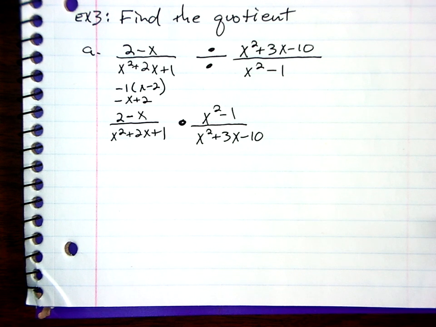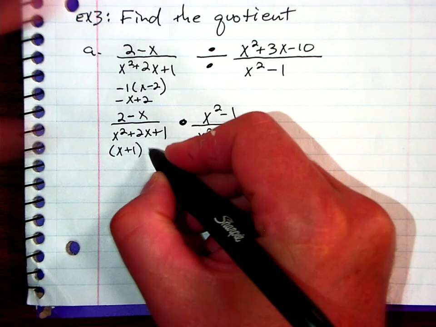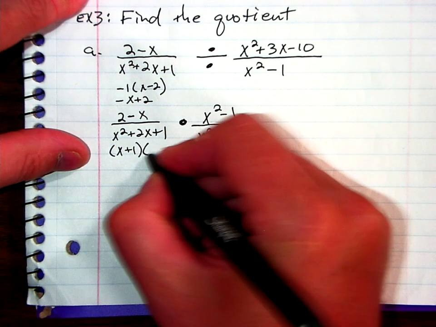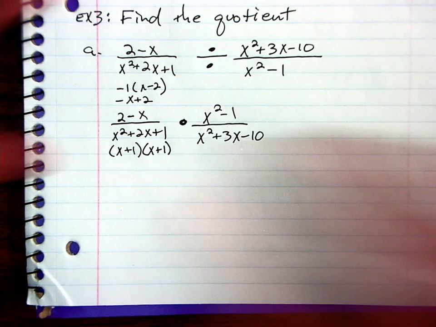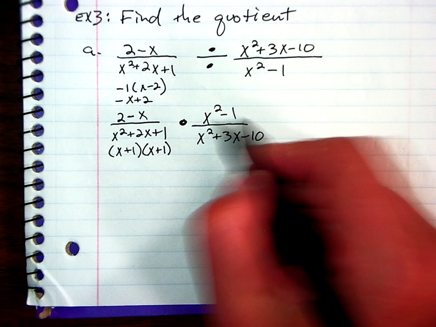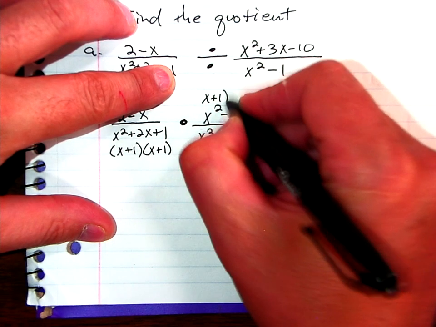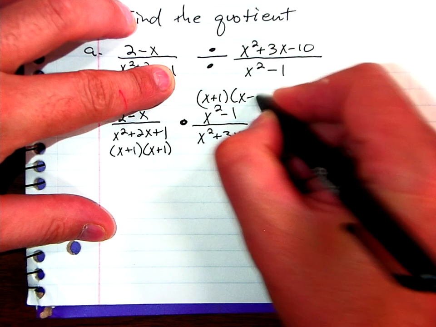Factors of 1 that equal 2 would be 1 and 1. This is the difference of two squares, so this is going to be x plus 1, x minus 1.